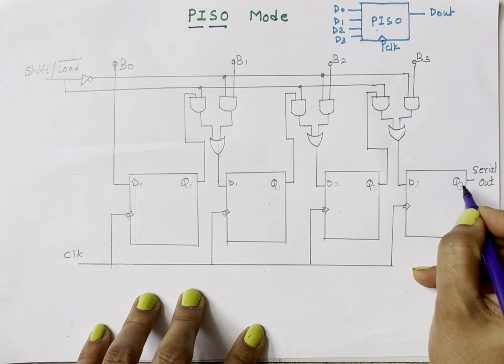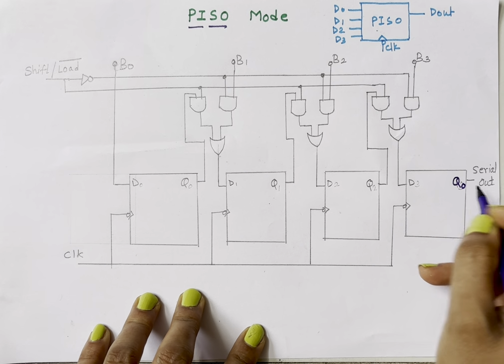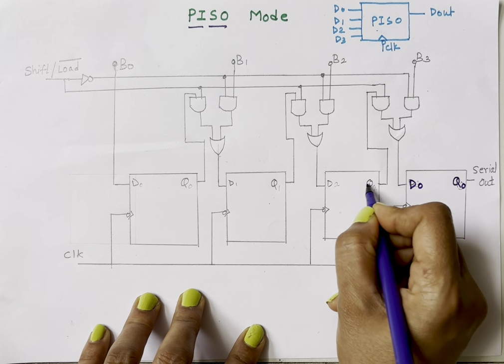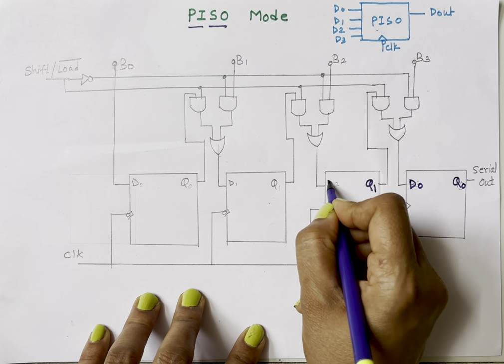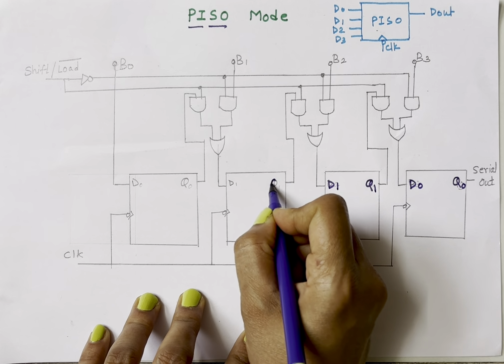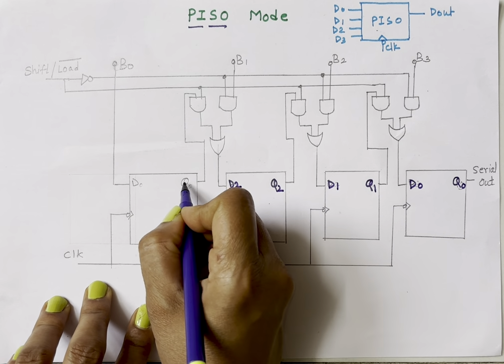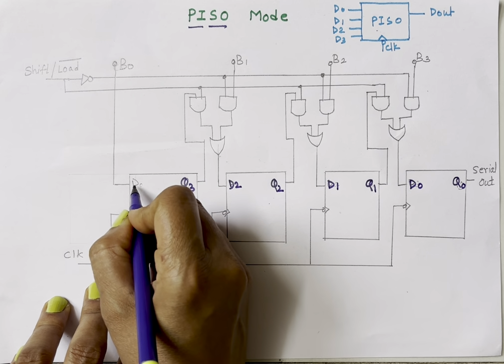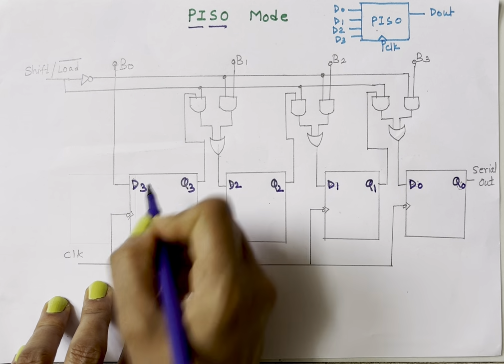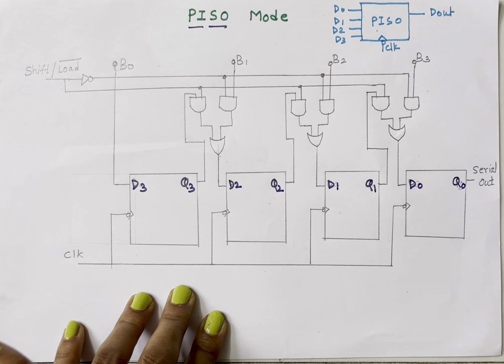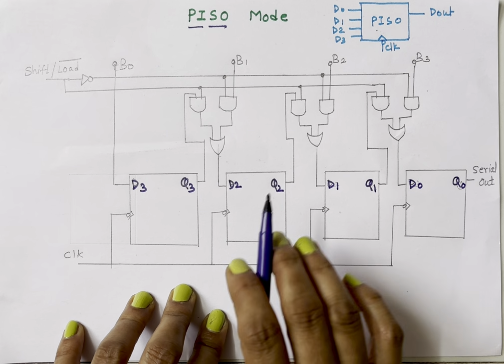Now here, this is my Q0, D0, Q1, D1, Q2, D2, Q3, D3. So these are my 4 flip-flops. Now let's see.